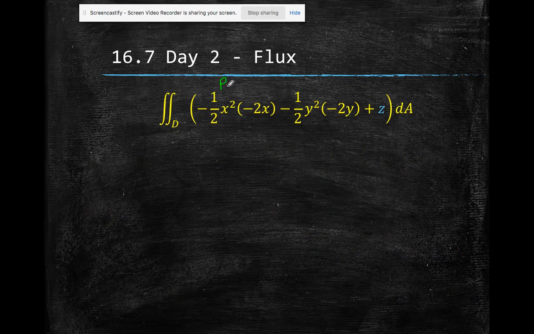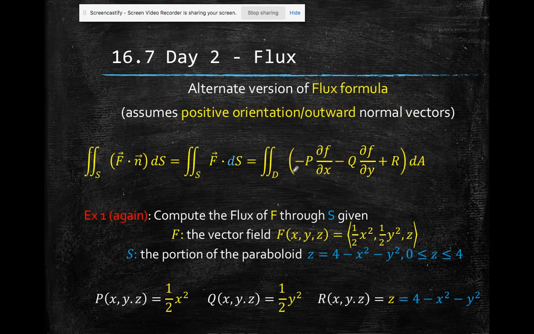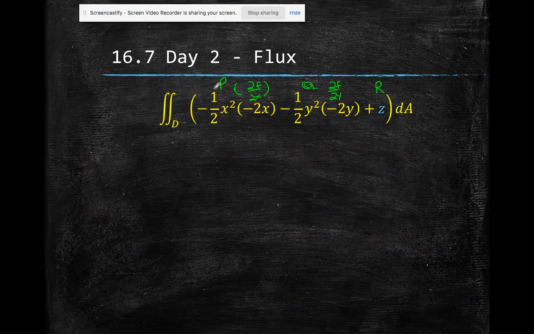So this is P dot, P times, and that's R. Don't forget you have a negative here and here. So that's why I've got negatives there.